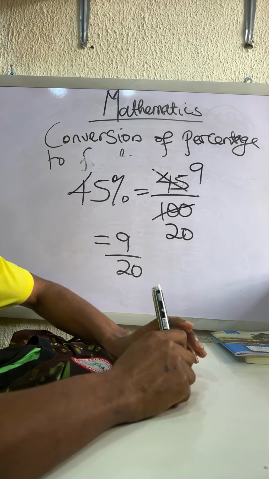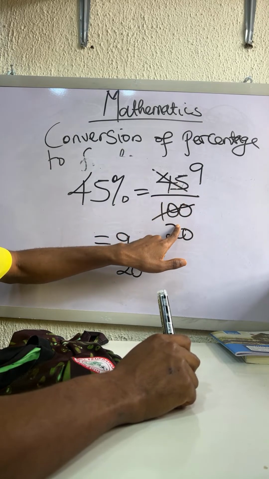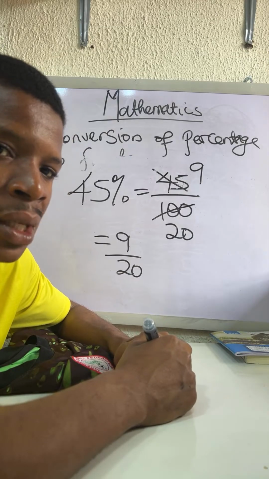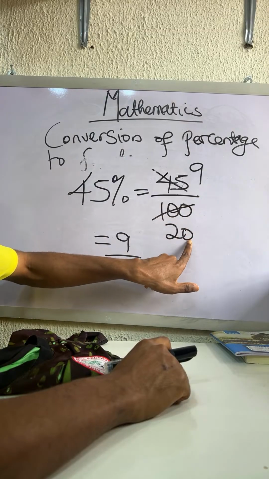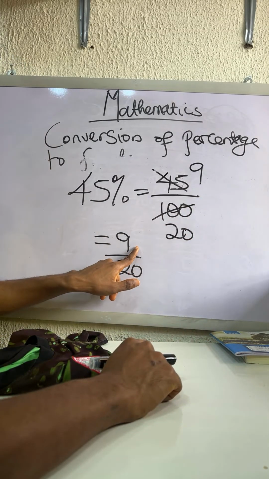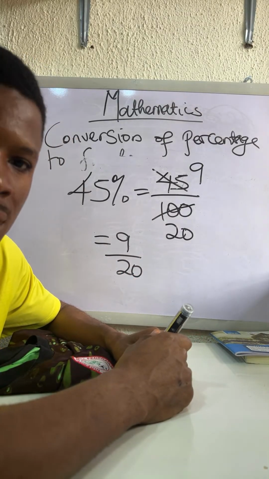So what you do is check the number that can divide both the top and bottom without any remainder. We saw that 5 can divide 45 and also divide 100. When we divided by 5, we had 9 out of what? 20. Do you get it now?